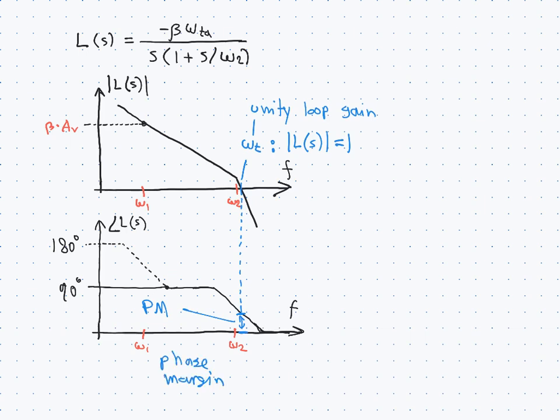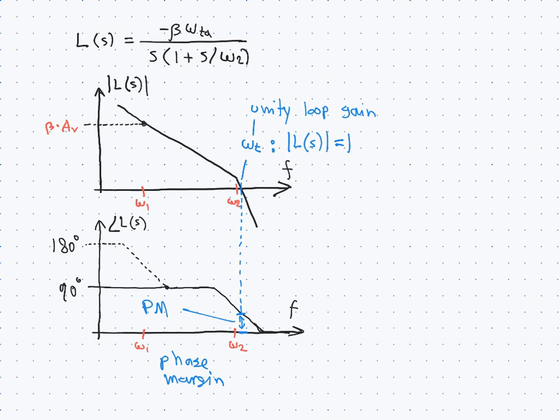Now, if it was the case where the phase margin was less than 0 here, what it would mean is that we would have 180 degrees phase shift, which means that the loop gain would become positive instead of negative. And if that happens at a frequency where the loop gain is still larger than 1, or larger than 0 dB, we would have oscillations in the system, and that would be bad.